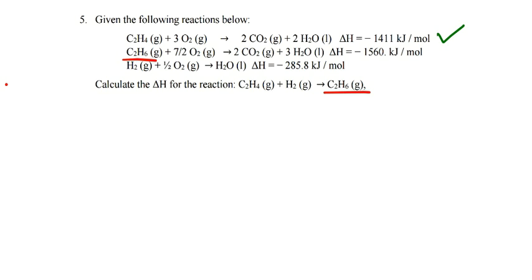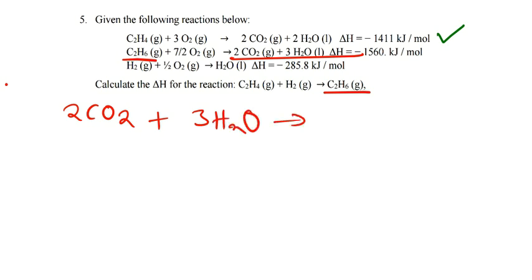So we should reverse it. So the products will become the reactant. So we're going to have 2 carbon dioxide plus 3 water molecules, okay, giving us the reactants will now become the product C2H6 plus 7/2 of oxygen.